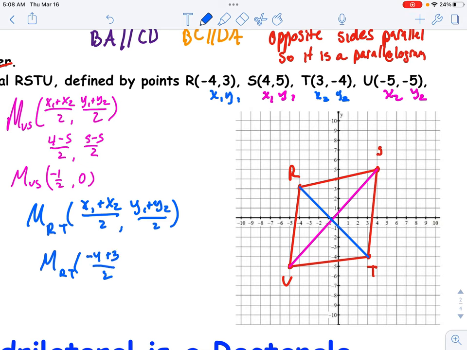Negative 4 plus 3 over 2. And then we're going to have 3 minus 4 over 2.